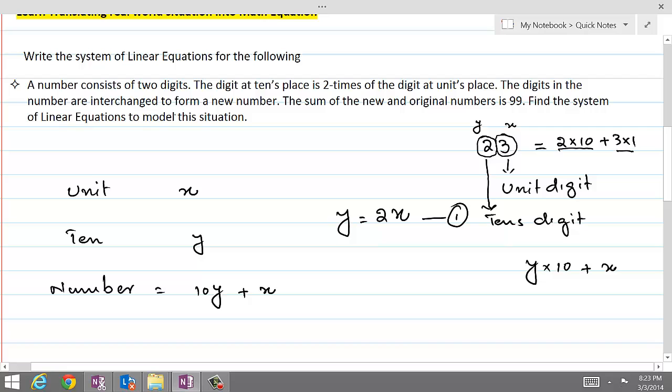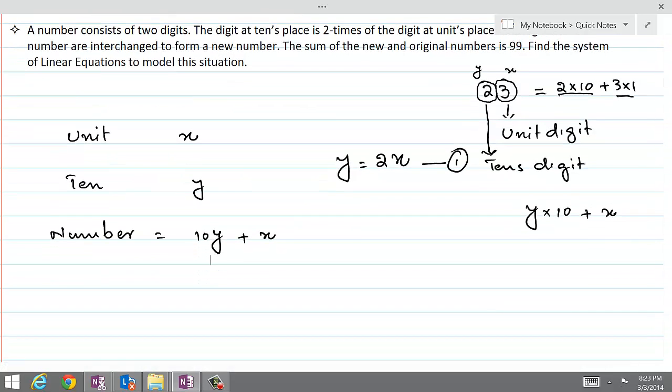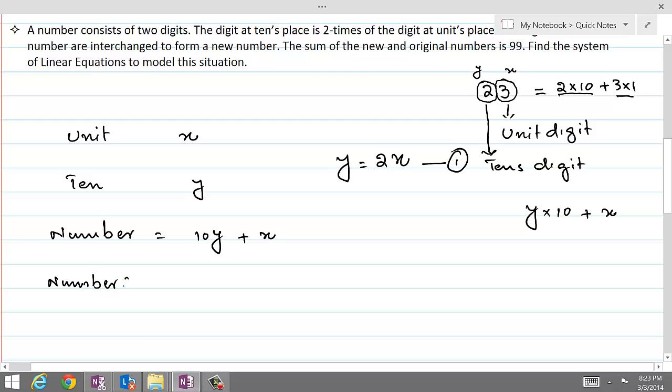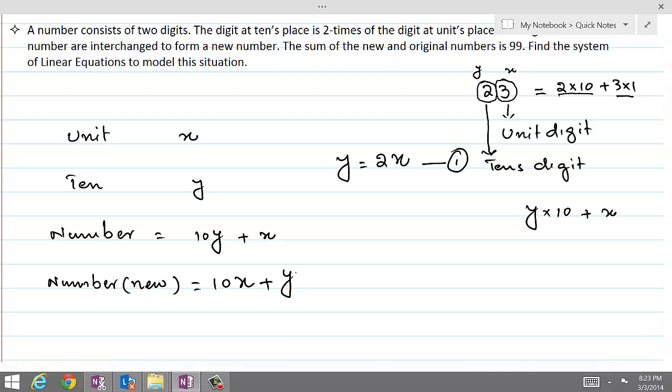So if y becomes the unit digit and x becomes the tens digit, then of course the new number would be something different. This new number would be equal to 10x plus y, because y was the tens digit, it has now become the unit digit, and the unit digit has now become the tens digit. So here we have two numbers.